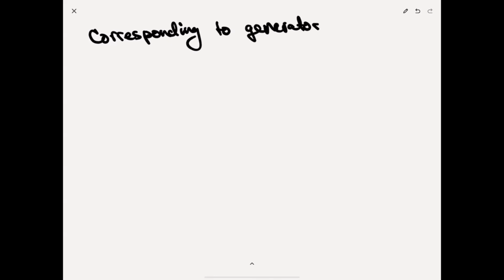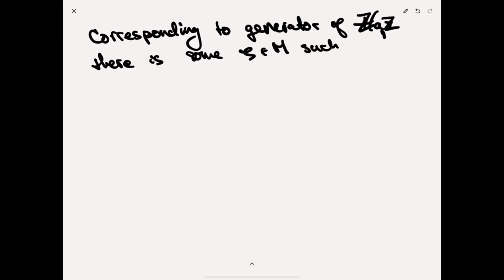Corresponding to a generator of Z mod A1 Z, there is some zeta in M such that zeta to the A1 is equal to 1.